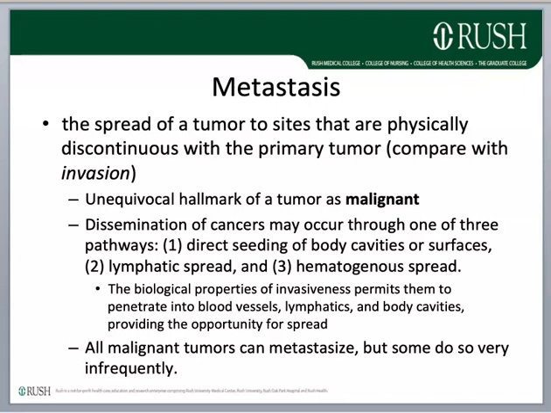Now, by definition, all malignant tumors can metastasize, but some do so very infrequently. This is reflected in their clinical behavior and the survival rates and so forth as we look at the prognosis and compare the incidence of tumors with the number of cancer deaths per unit time.